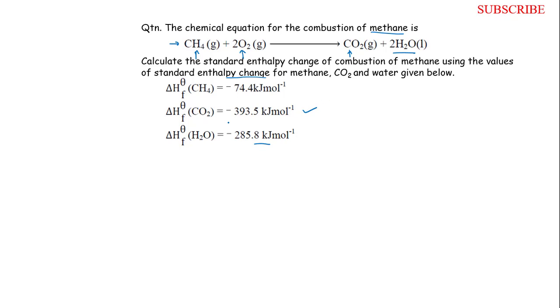So we are going to use our expression that the enthalpy change of reaction, actually in this case will be the enthalpy change of combustion, let us maintain reaction. So the enthalpy of combustion of our methane will be equal to the enthalpy change of the products minus the enthalpy change of the reactants.